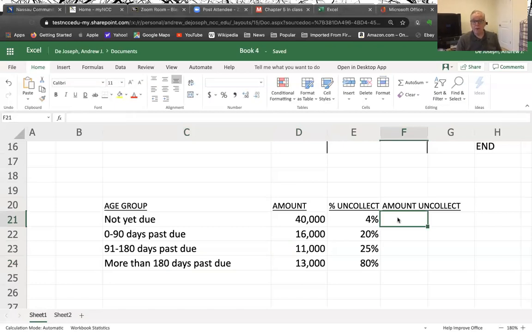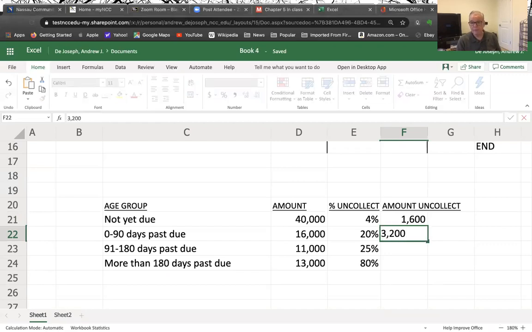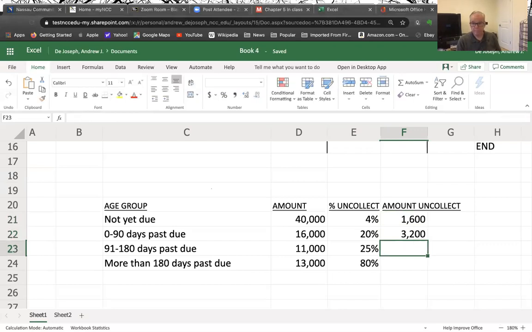Okay, so now if I multiply 40,000 times 4%, I think that's 1,600. 16,000 times 20%, I think that's 3,200, right? 11,000 times 25%, is that 2,750?